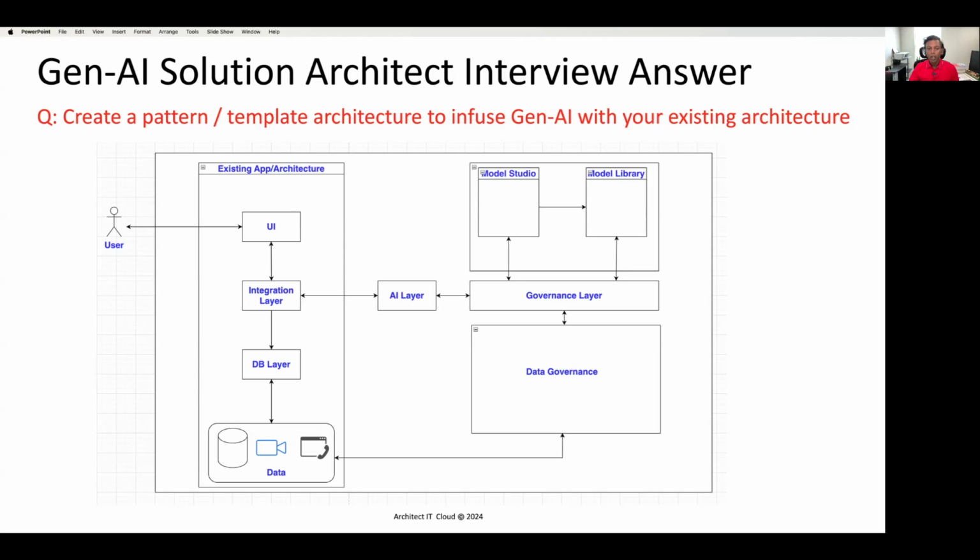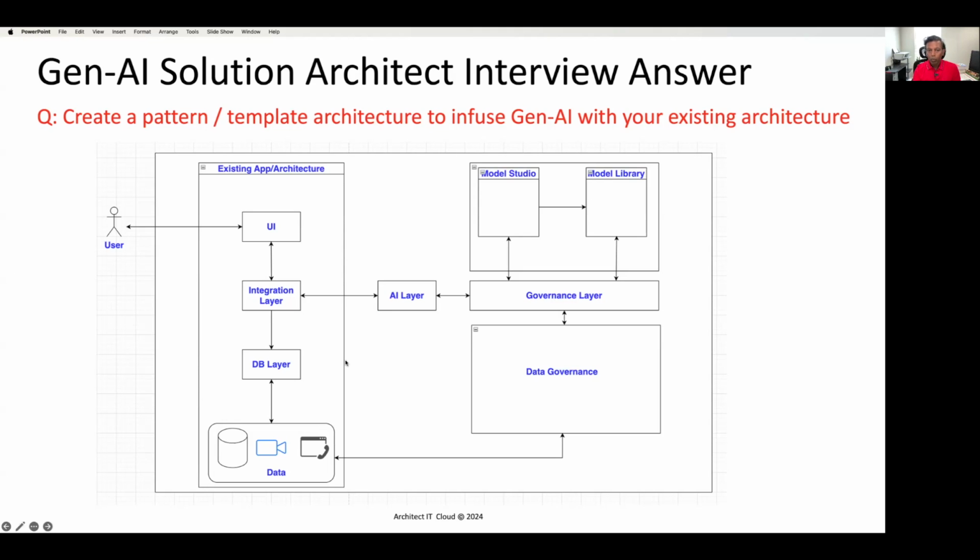It's a typical application architecture that talks to the data layer, pulls the data, and presents the details to the customer. Here you want to improve user experience, user satisfaction, and operational efficiency, and you are going to infuse this architecture with the generative AI architecture.